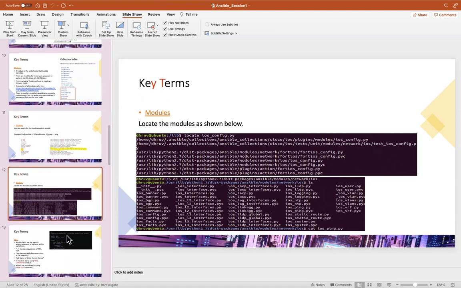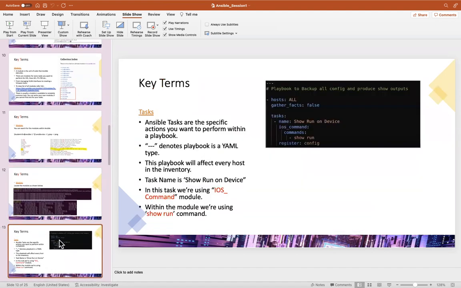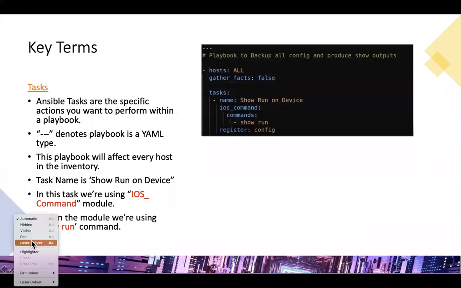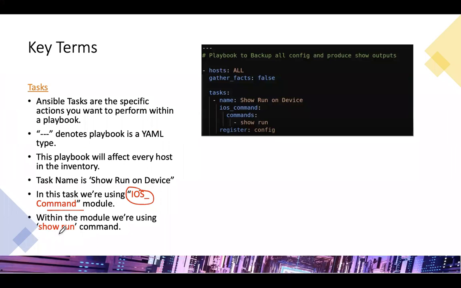I will explain that in the coming slides when we do the labs. The tasks, as I mentioned, are the actual action we are trying to perform. So the module is the IOS command module, but the task is to run show running config.